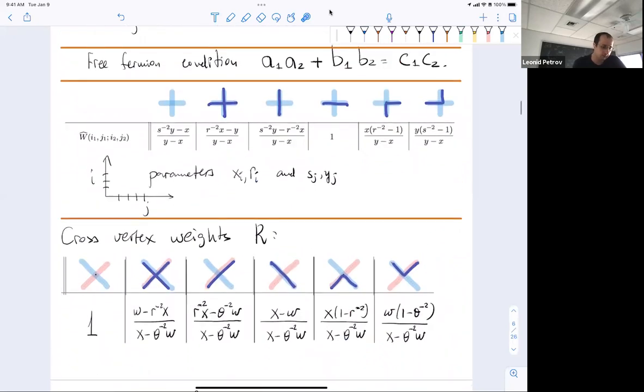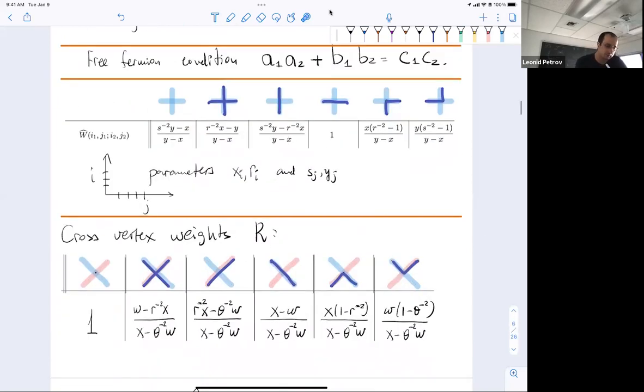And then the cross vertex weights, the R matrix, they also depend on W, theta, X, and R, so that they exchange W theta and XR parameters. So in the Yang-Baxter equation, red corresponds to W theta and blue corresponds to XR.